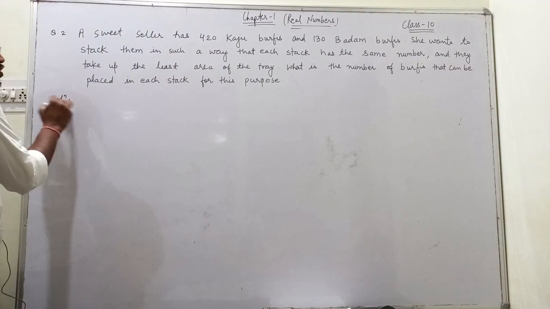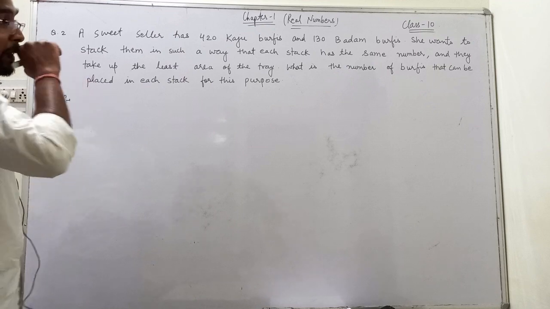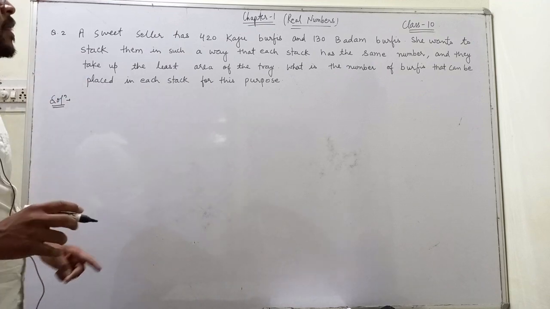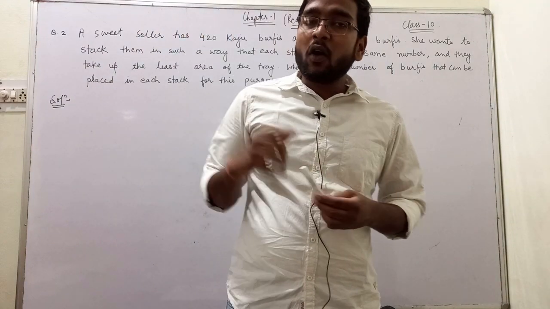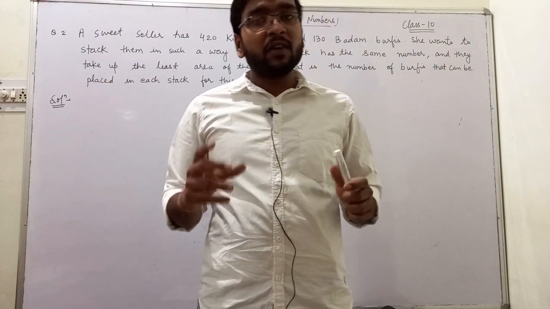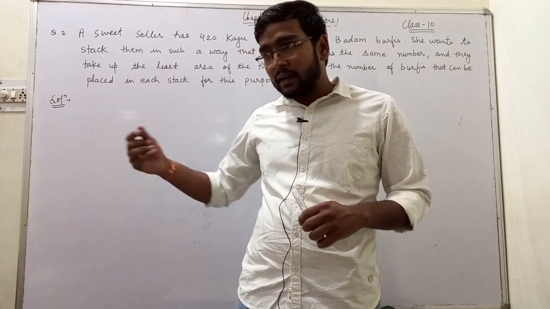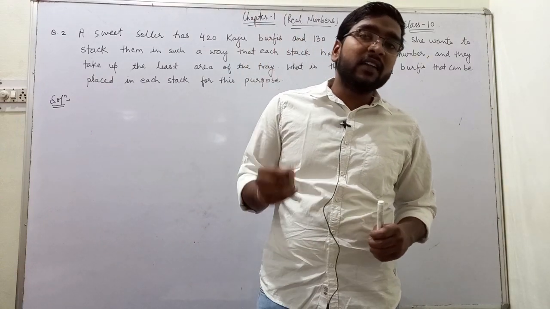While writing the solution, we need to keep in mind that whenever the quantity decreases, we need to find the HCF, and whenever the quantity needs to be increased, we will find the LCM.